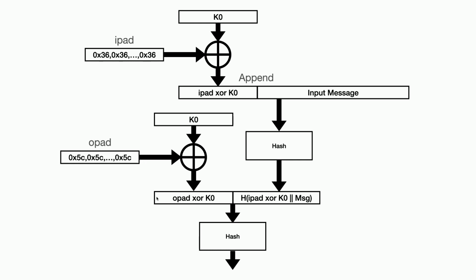That becomes the first part of this stage. And then you hash that all together again, and you take the output, and that is HMAC. So it's not particularly complicated. It is a bit computationally intensive because hashes are a bit computationally intensive, and you're doing 2 of them. As we see a bit later, the CBC MAC is more computationally efficient.